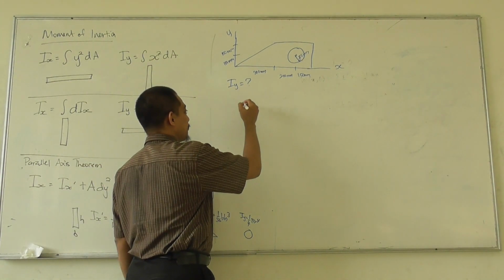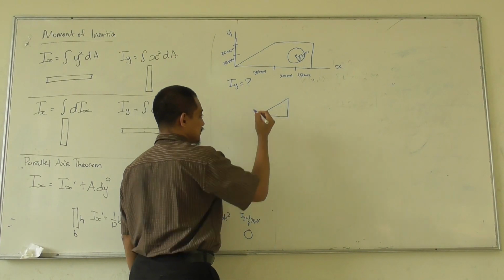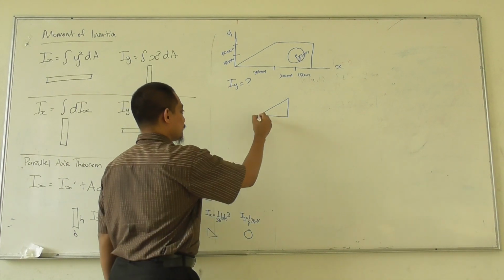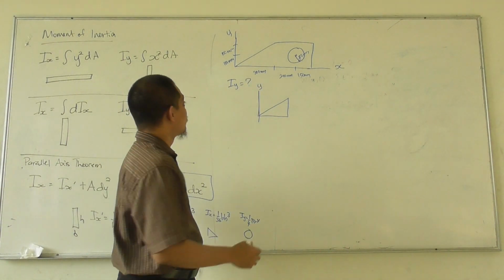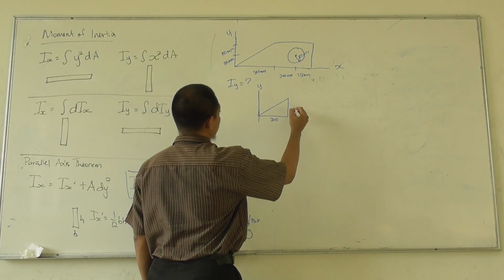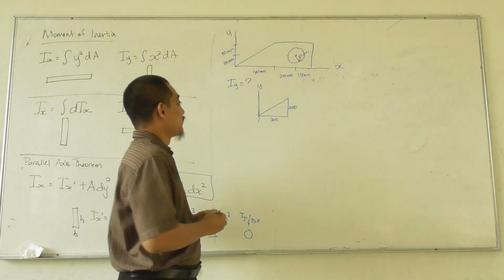Okay, so basically we have this triangle. Where is the axis? Because it is with respect to y, so this is the y-axis, right? And the shape is, this is 300 mm and this is 200, 100 plus 100.